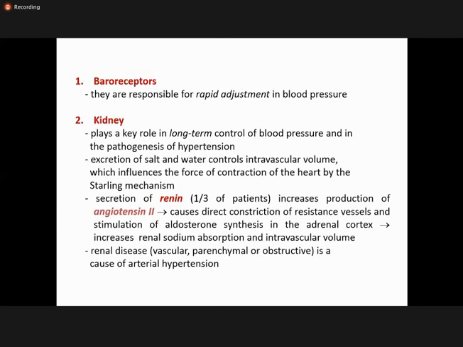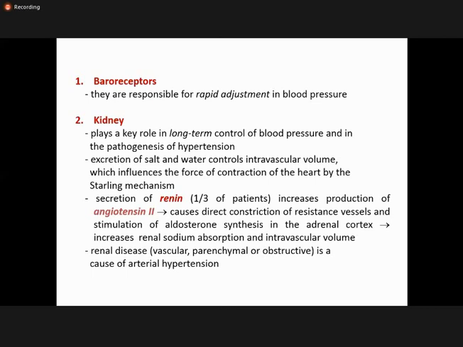It will increase the release of renin, and renin is responsible for converting angiotensinogen into angiotensin 1. Then ultimately angiotensin 1 is converted to angiotensin 2, and this angiotensin 2 is responsible for producing vasoconstriction and enhancing the secretion of aldosterone.